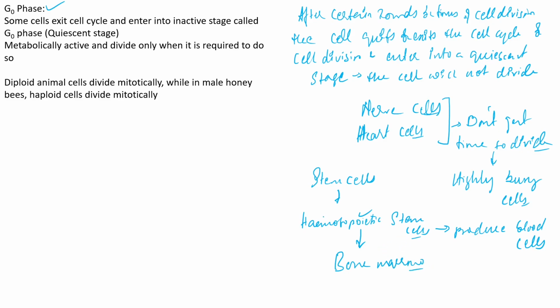Remember this. Hematopoietic stem cells will not divide until there is any decrease in the blood cell concentration, until there is any requirement. For example, the lifespan of the RBC is around 120 days.